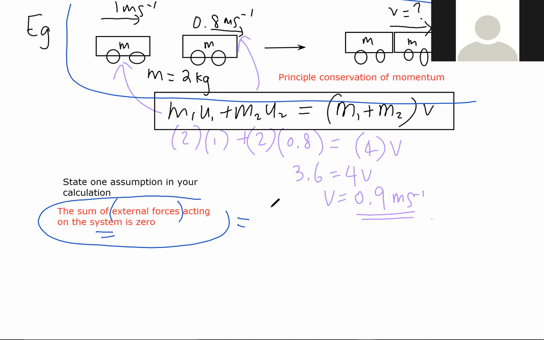What is the difference between the two? The sum of external forces is 0, or no external forces, what is the difference? Okay, remember we cannot write "no external forces" in your exam, you cannot write it directly like that. Why? Because in every system there will always be external forces, for example gravity. External forces are forces coming from the outside, forces that influence the system. It could be gravity, it could be friction. Gravity is always acting on every object on the planet, so we cannot avoid this external force.